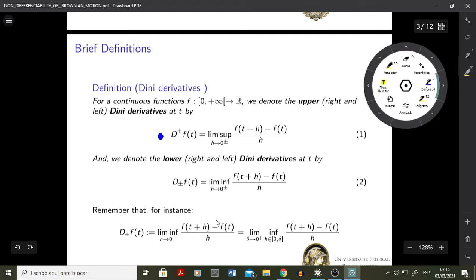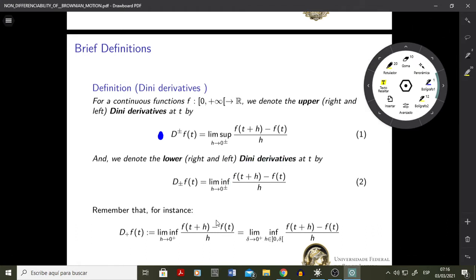Okay, the lim sup when h tends to 0 by right and left of this quotient. In the same way, you can define the lower right and left Dini derivatives of f at t by this, no? The lim inf when h tends to 0 by left and right of this quotient.